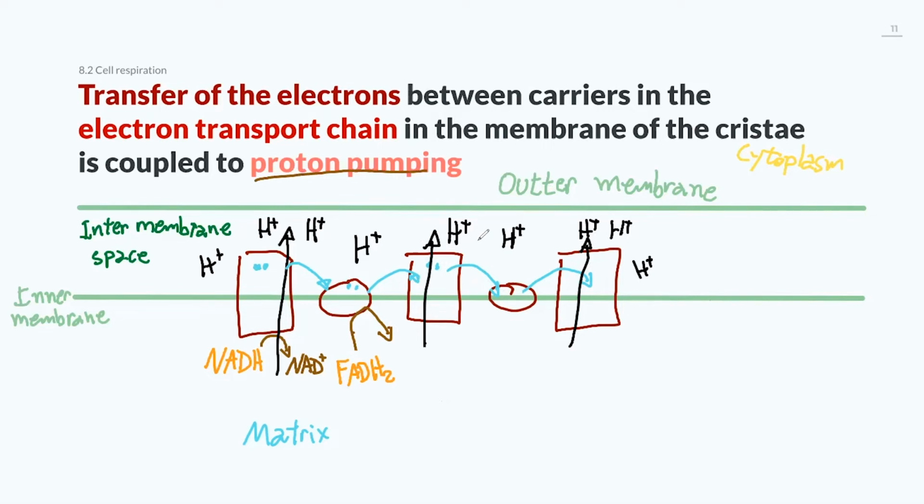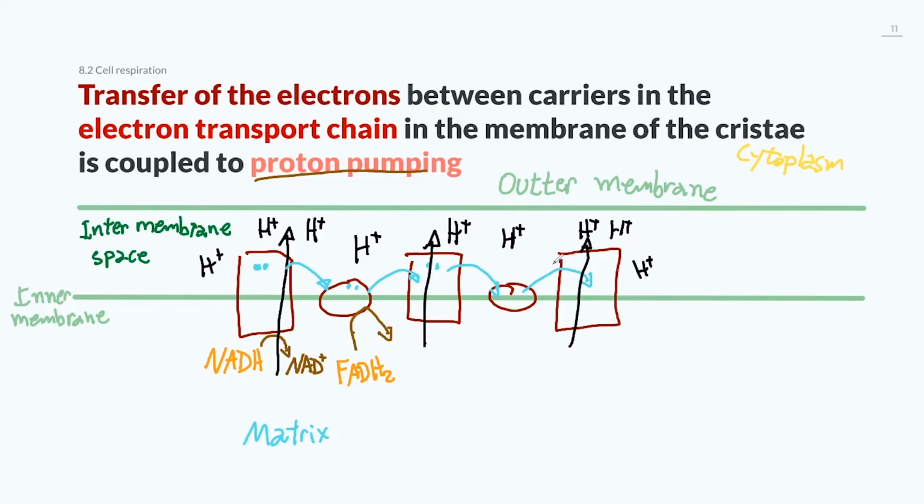Now we have a problem. The hydrogen doesn't want to go there for two reasons. One, all of these ions have positive electric charges, and all these positive charges are repelling each other. They don't want to be there squeezed in the intermembrane space. It's like the pressure is too big.